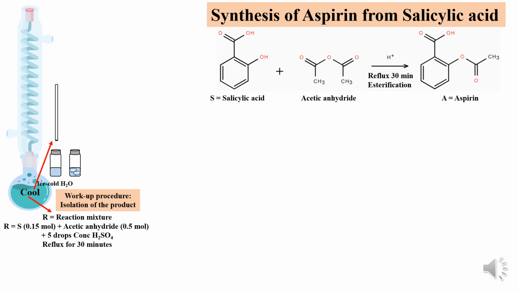You will find precipitation, which is possibly our desired product, and extract this precipitation using ethyl acetate. During extraction, screw cap the vial and give a brisk shaking, whereby the precipitated product gets transferred into the ethyl acetate layer.